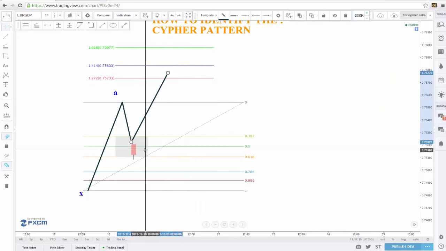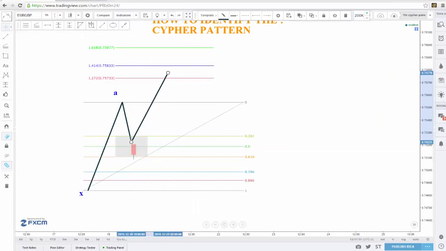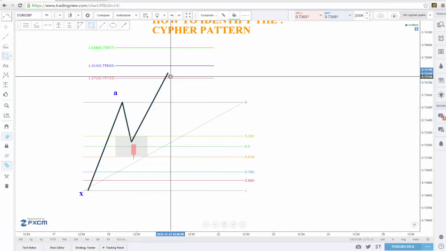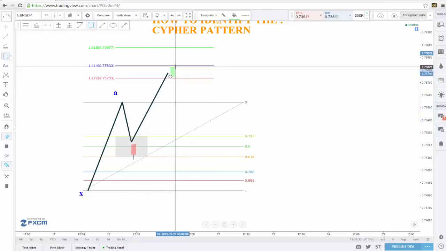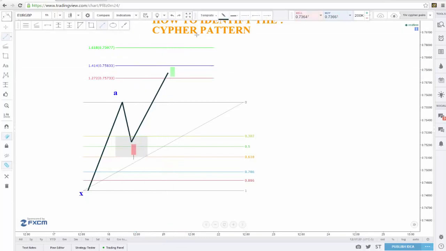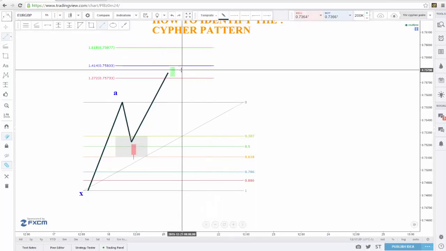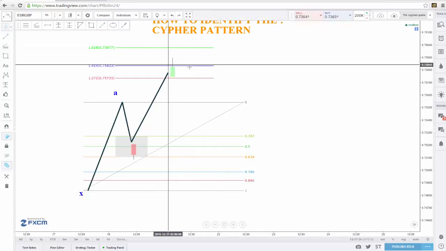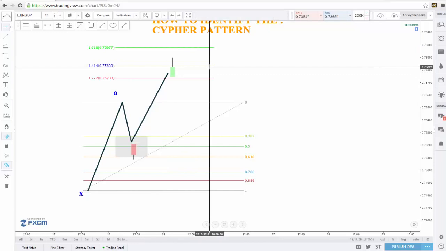So using the same example we did down here, this candle can come up close to the 1414, and as long as it does not close above the 1414, even if we have a wick that comes up like this, that is still a valid cipher pattern.